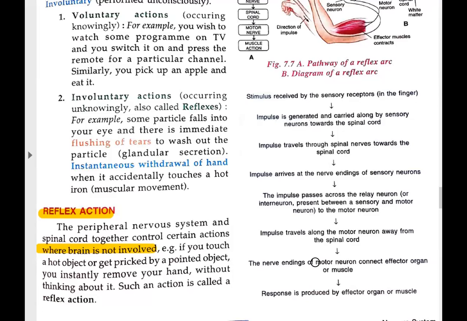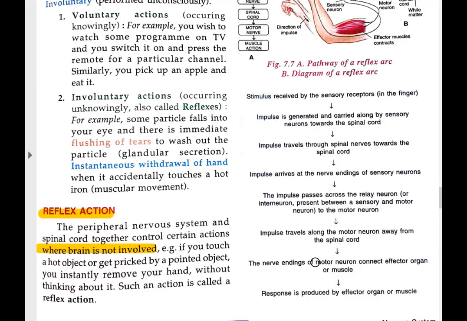Sakshi can read. Stimulus received by the sensory receptors in fingers. Impulse is generated and carried along by sensory neurons towards the spinal cord. Impulse travels through spinal nerves towards the spinal cord. Impulse arrives at the nerve endings of sensory neurons.